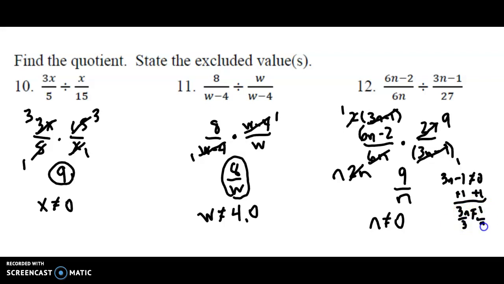Divide by 3. N cannot equal 1/3. And then go back to my original problem. The denominator of the second fraction is a monomial with no variable, so there is no other excluded value. So the excluded values here are just 0 and 1/3. And that is the answer.